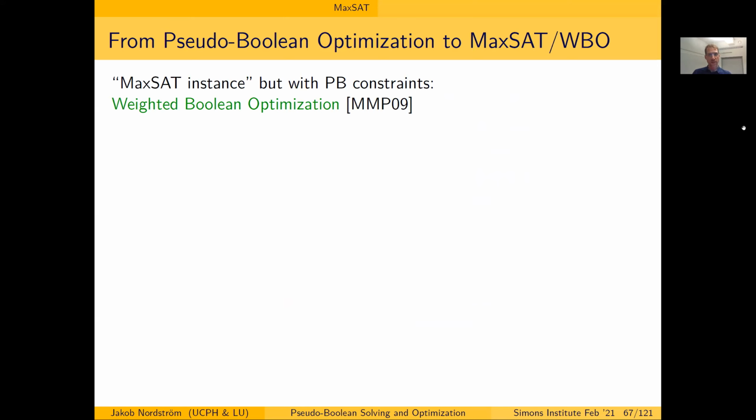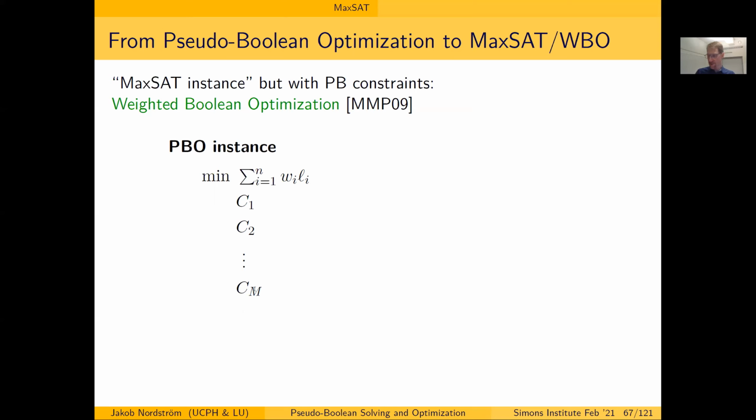In the other direction, we can also take a general pseudo-Boolean optimization problem and translate it into a MaxSat instance, except that it might contain pseudo-Boolean constraints instead of disjunctive clauses. In the literature, such MaxSat instances, in quotes, are known as weighted Boolean optimization problems. So here is a pseudo-Boolean optimization instance. We want to minimize the sum of w_i l_i, where the l_i are literals, subject to constraints C1 up to Cn.